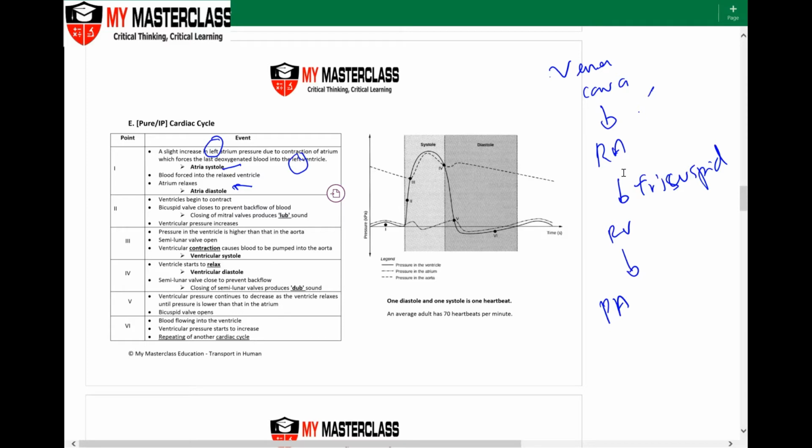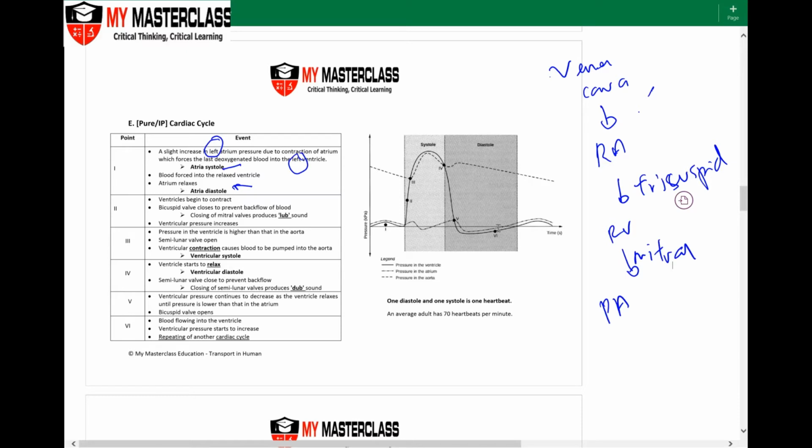However, what will open now is the valve connecting the right ventricle to the pulmonary artery, since the right ventricle has higher pressure than the pulmonary artery. Another purpose of the tricuspid valve closing is also to prevent the backflow during the contraction of the ventricles.